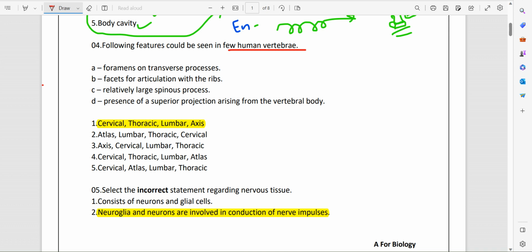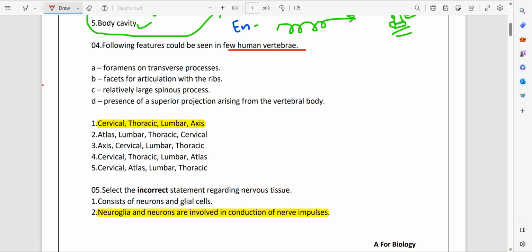And likewise, if you take scapula and we talk about different joints, ball and socket joint, hinge joint, some interesting specific features are present, so you have to know them before going to the exam. So here they ask about the human vertebrae.